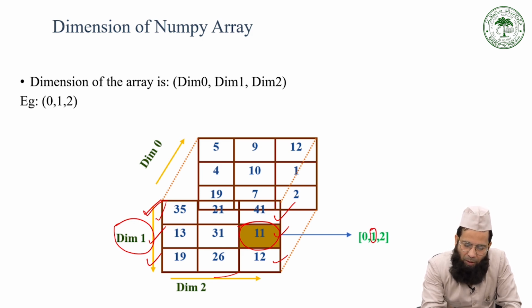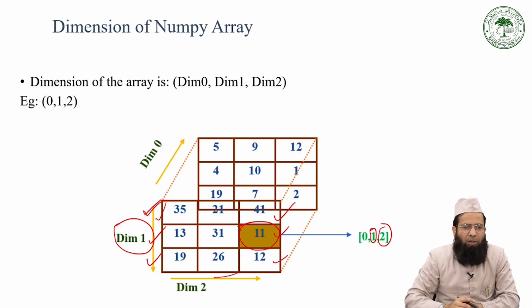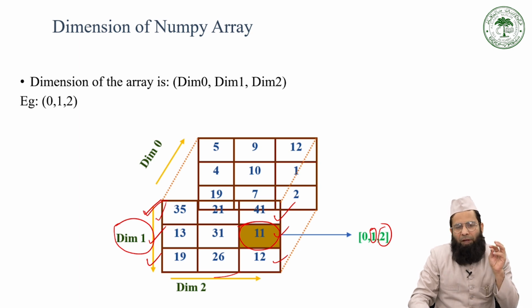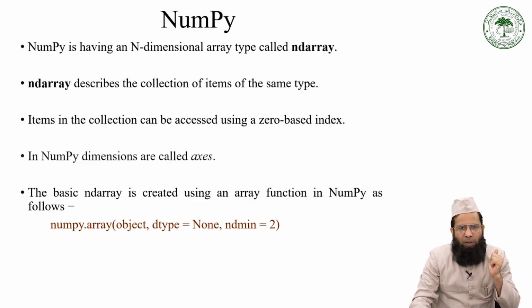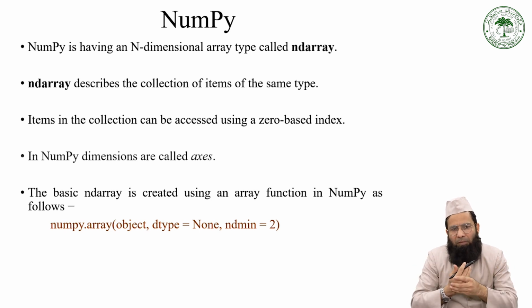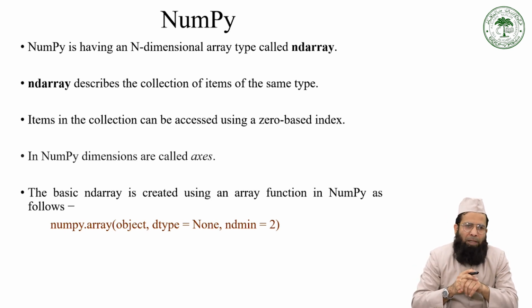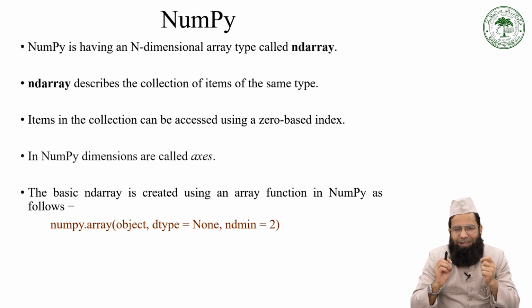And the column number is 0, 1, 2. So this one is 2. In this way, you can find out the dimension. We just need to remember: dimension 0 is for 2D arrays, or tables in layman's terms, dimension 1 is for rows, and dimension 2 is for columns. So Numpy has an n-dimensional array type called ndarray. Whenever we create an array using the Numpy library, it actually creates an ndarray.